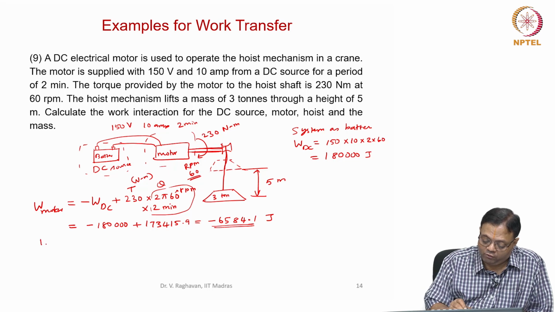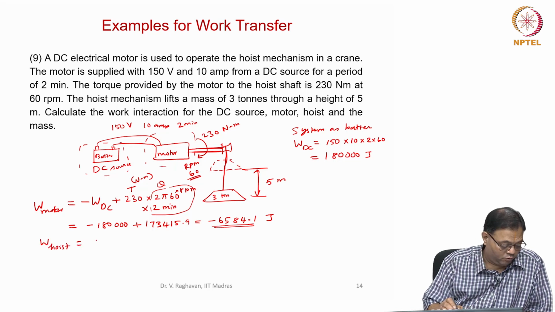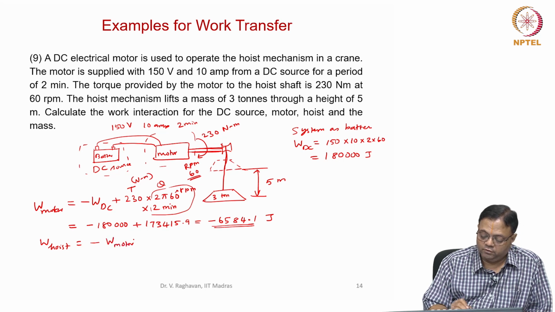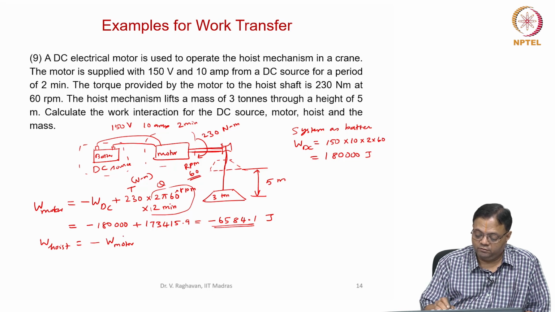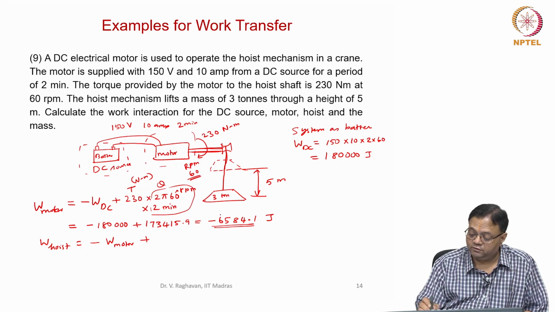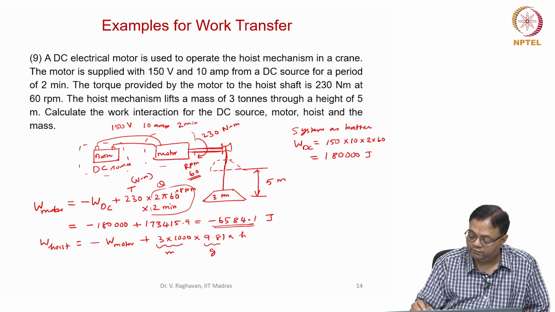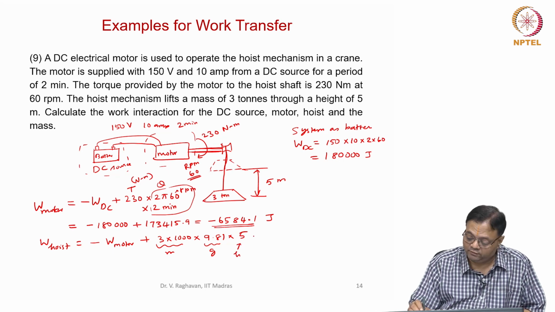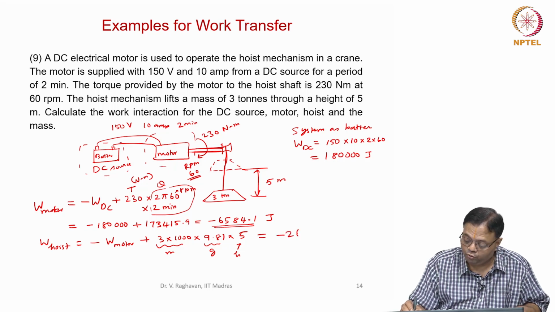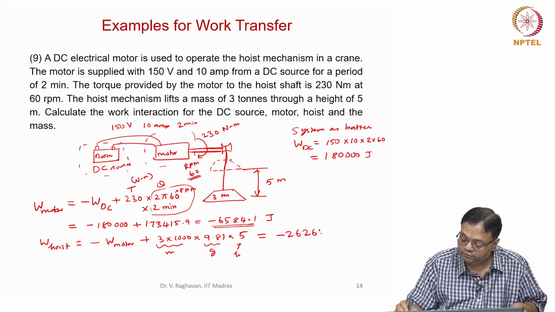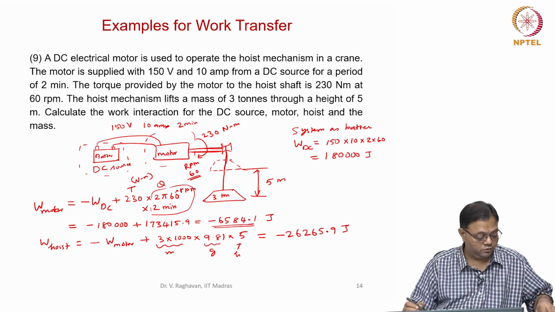Okay, now let us see what the hoist does. Work of the hoist is equal to minus the motor's work, because it takes the motor's work, plus it lifts the weight. So that is 3 tons, 3 into 1000 kg, into g, 9.81, into height h, which is 5. That will be equal to minus 26,265.9 joules.